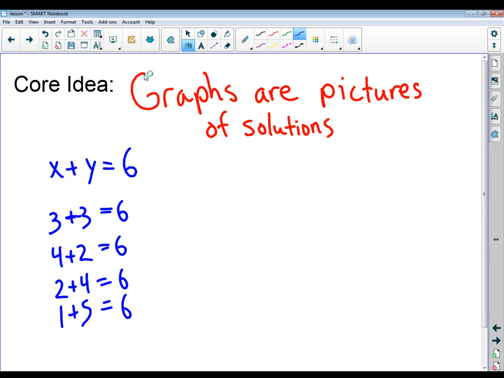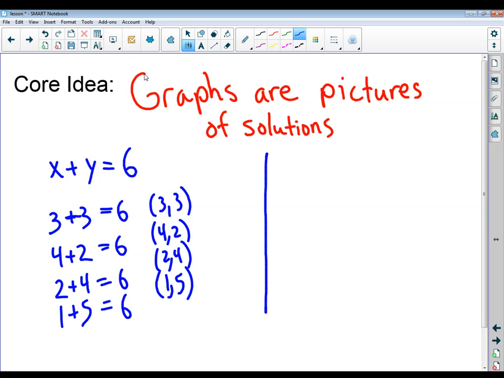And so if I were to make these ordered pairs, like 3 comma 3, 4 comma 2, 2 comma 4, 1 comma 5, and 5 comma 1, I'm going to have a bunch of solutions. So let's plot them: 1, 2, 3 here, and then I also have 4, 2 there. That works.